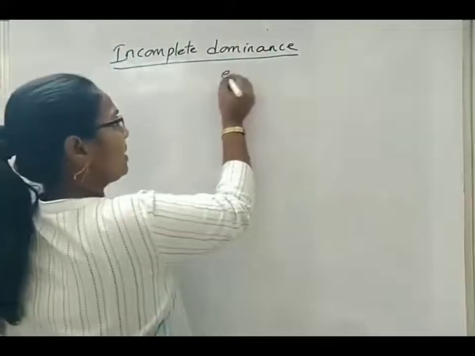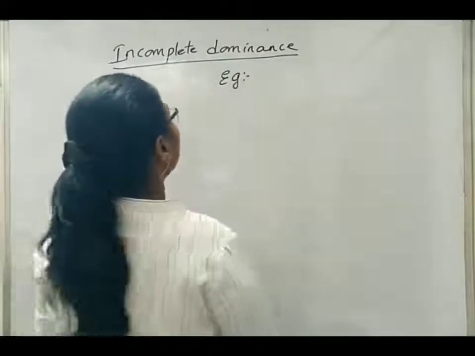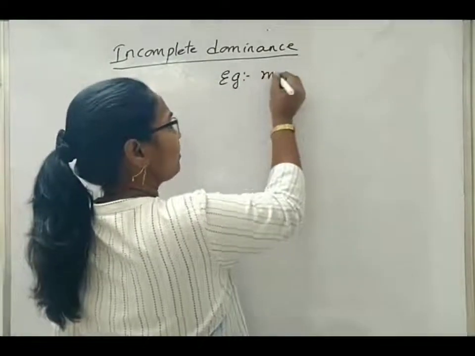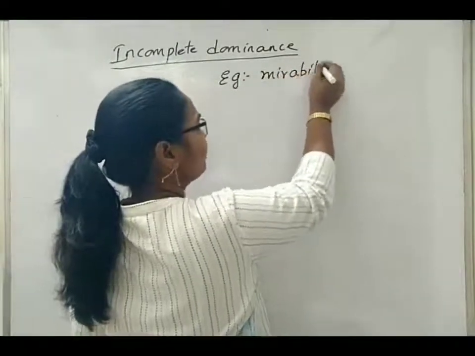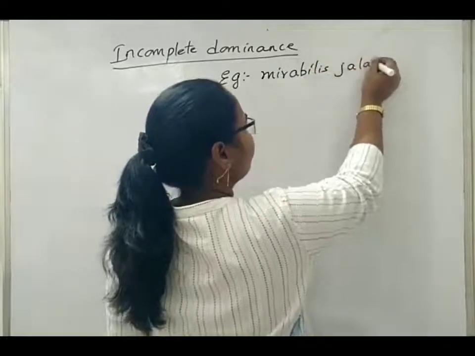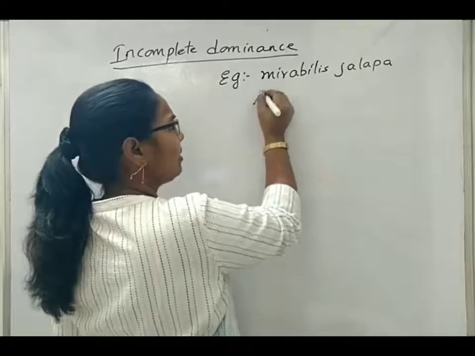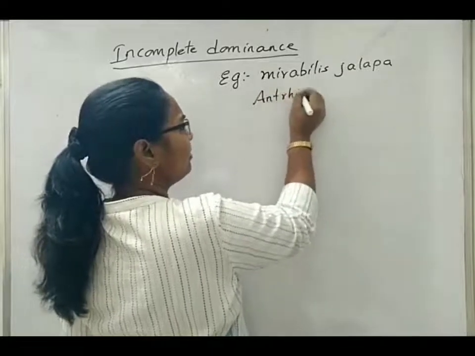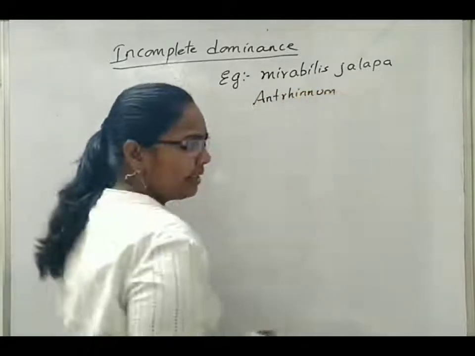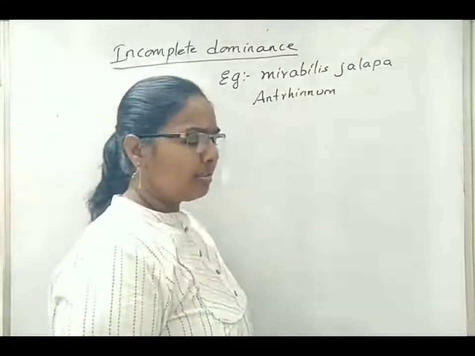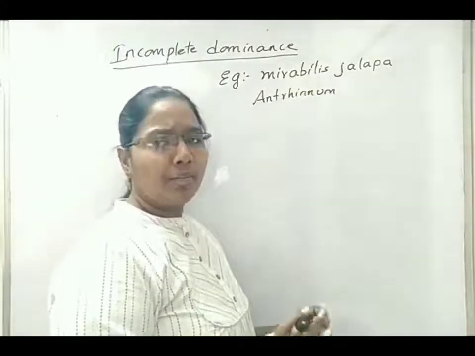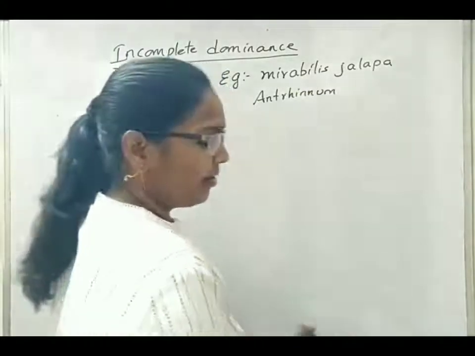Now, examples to explain incomplete dominance are Mirabilis jalapa, which we commonly call the touch-me-not plant, and the Antirrhinum plant, which we also call dog flower or snapdragon flower.